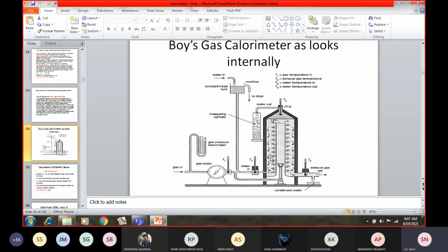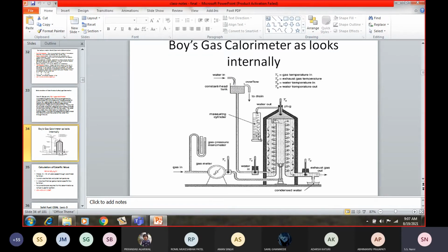Water is circulating around this chamber wall, and in the rest of the space also, spiral tubing of copper is there, which comes finally here, and the water which entered through this inlet will go off from the top and is collected in a container or cylinder here.